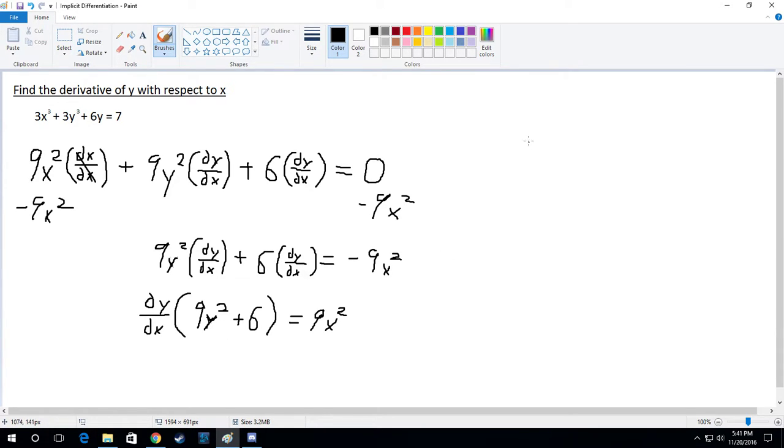So we'll move over here, and then finally we can get dy over dx, or the derivative of y with respect to x, is equal to, sorry, I forgot the negative there, negative 9x squared over 9y squared plus 6.